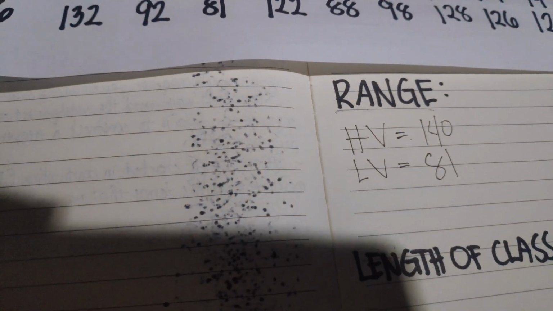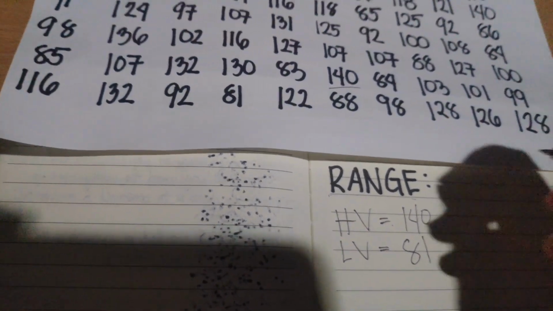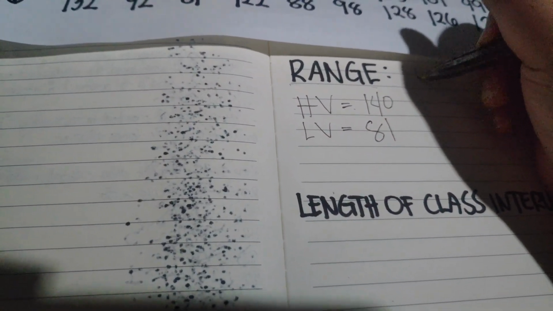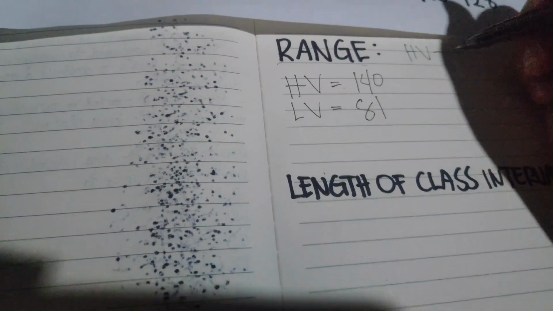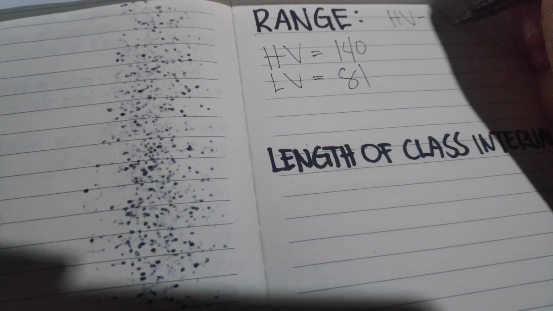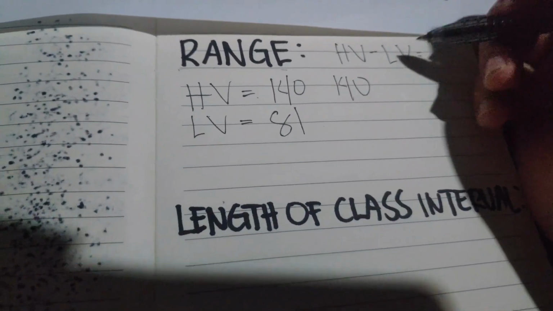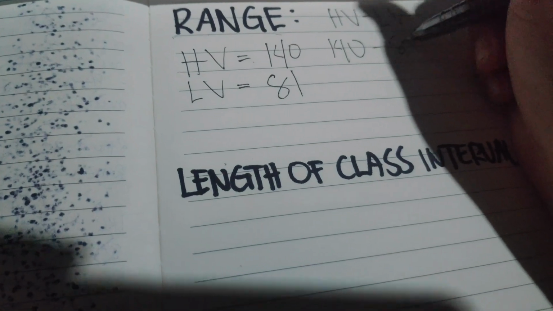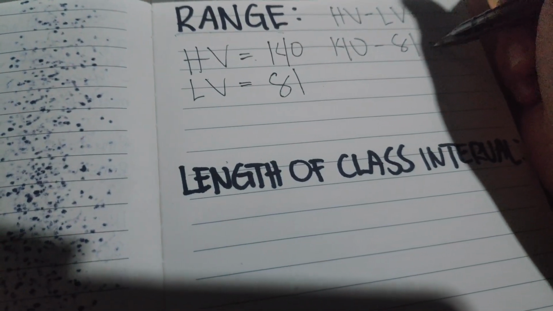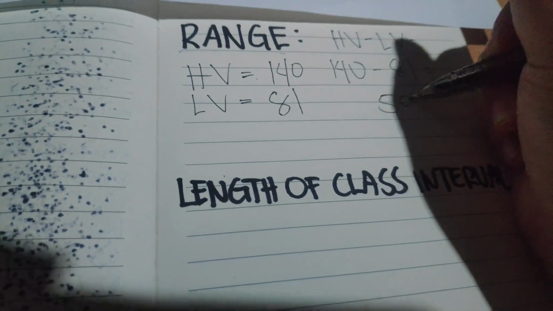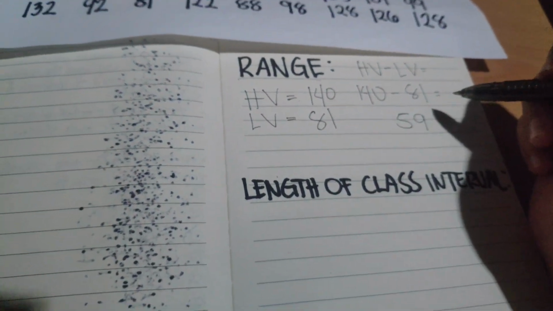For finding the range, the formula is HV minus LV. So 140 minus 81 is equal to 59.